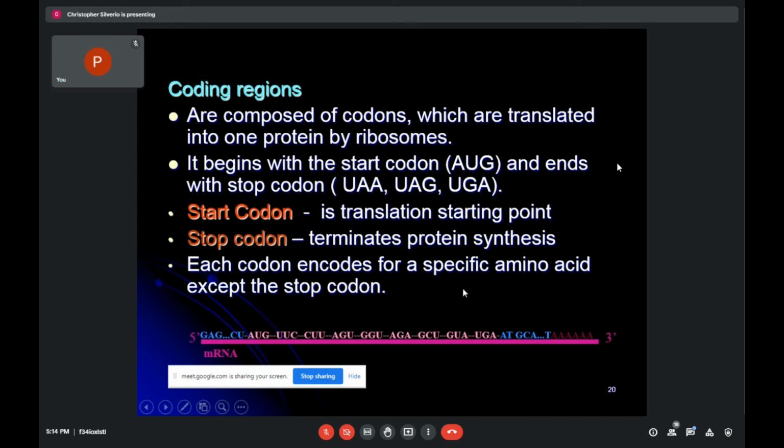And sometimes codons are coded several times, meaning that an amino acid is coded several times.